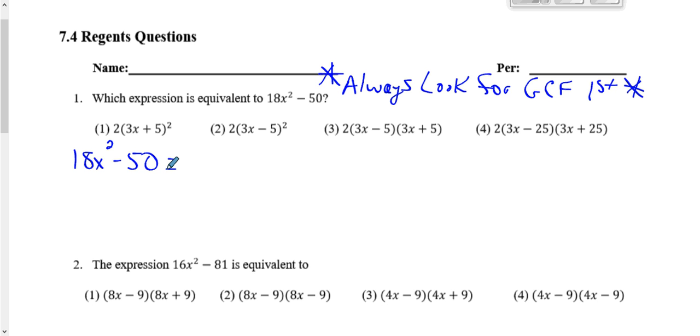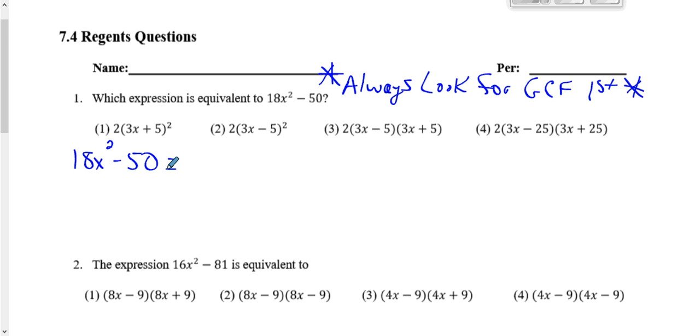Well, 3 won't go into 50. 10 won't go into 18, right?